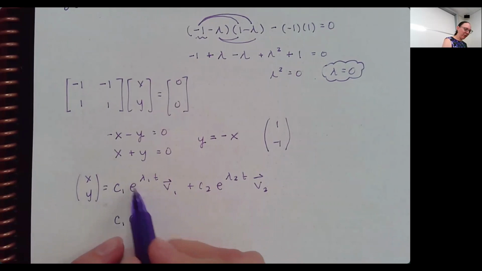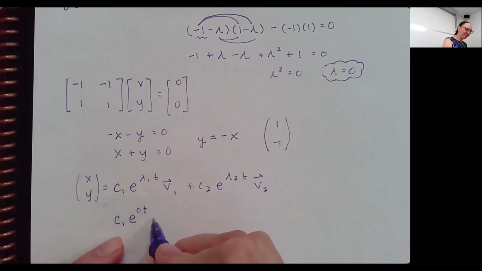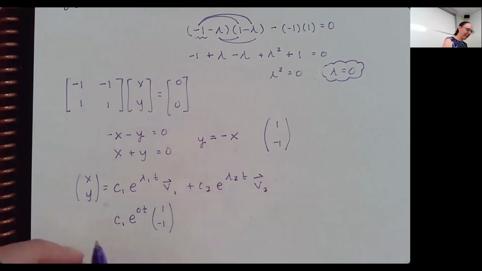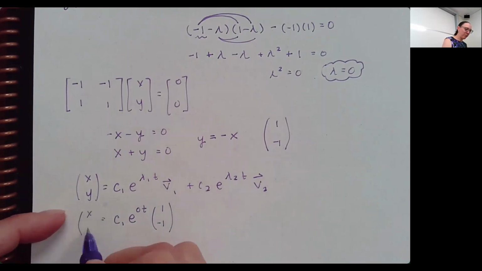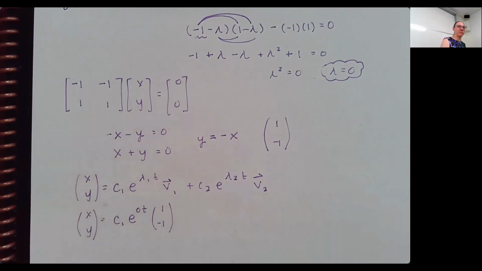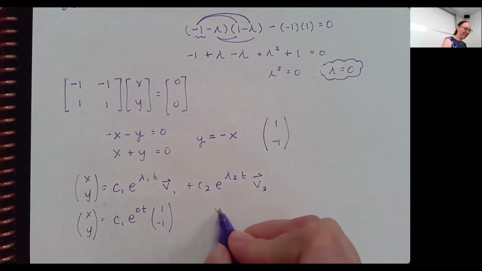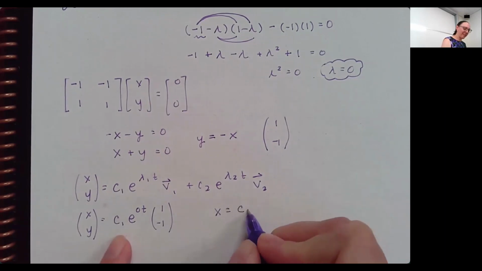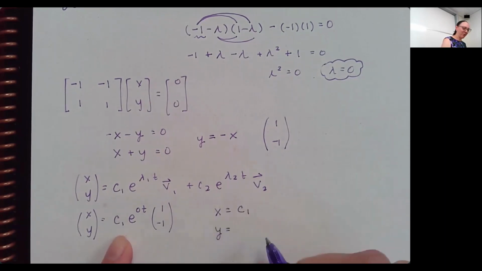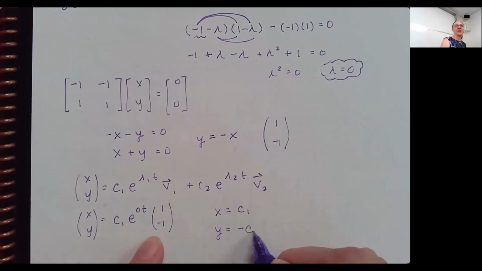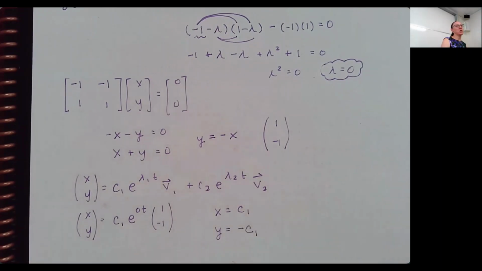And with that eigenvalue of 0, it's a really exceptionally boring equation. This really just tells me that x is equal to some constant and y is equal to the negative of that same constant. Okay, super boring.